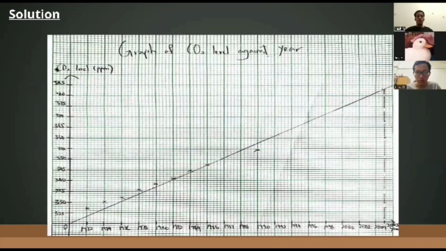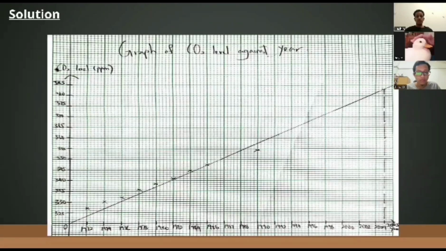And now this is a graph to demonstrate all the years alongside the carbon dioxide level in parts per million. In 1972, it's 327.3 parts per million. In 1974, it's 330. In 1976, it's 332. In 1978, it's 335.3. In 1980, it's 338.5.